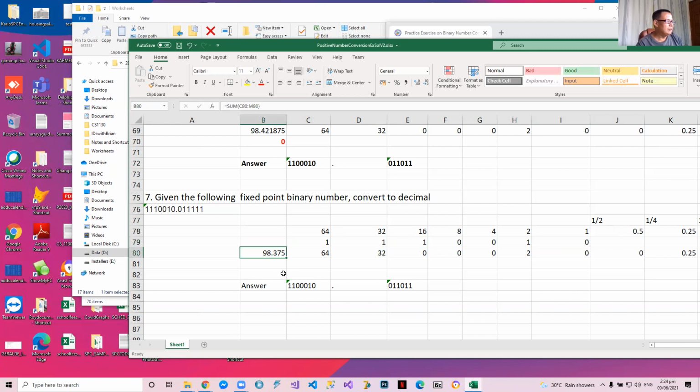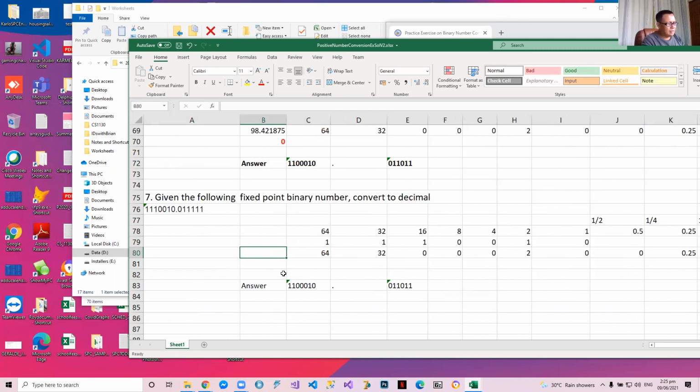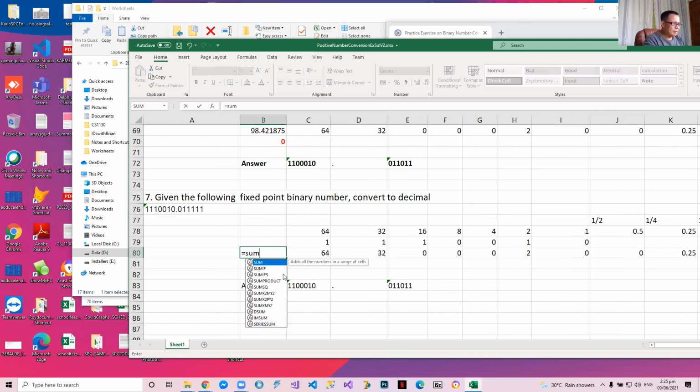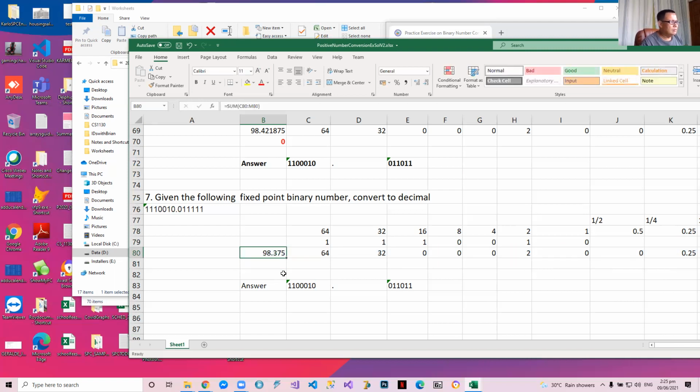What's this again? We get 98.375. It's not yet 98. Let's recompute this. I'm going to recompute this because it may be wrong. Why 98.375? This should be our final answer. 1 times 64.